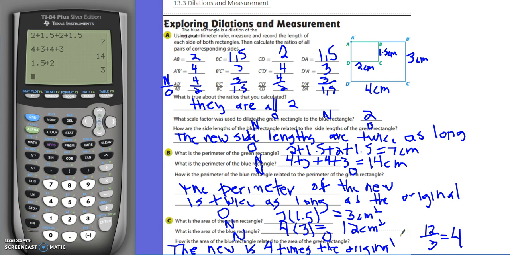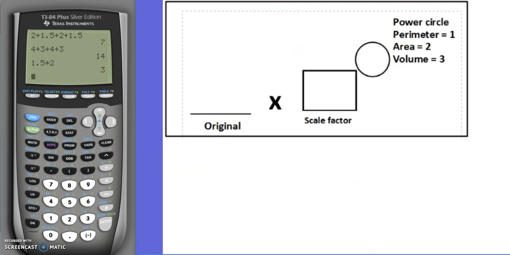Okay. Let's take a look at a generic formula. So the original could be that we're talking about the perimeter. It could be the area, or we could be talking about the volume.